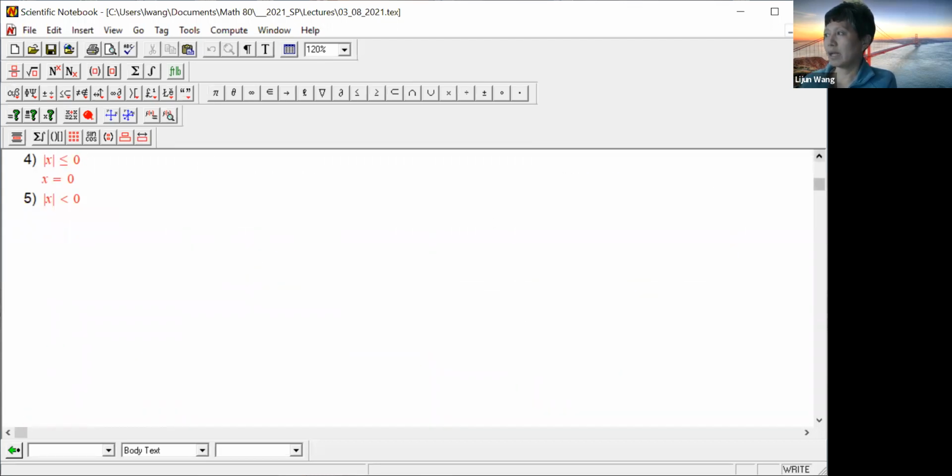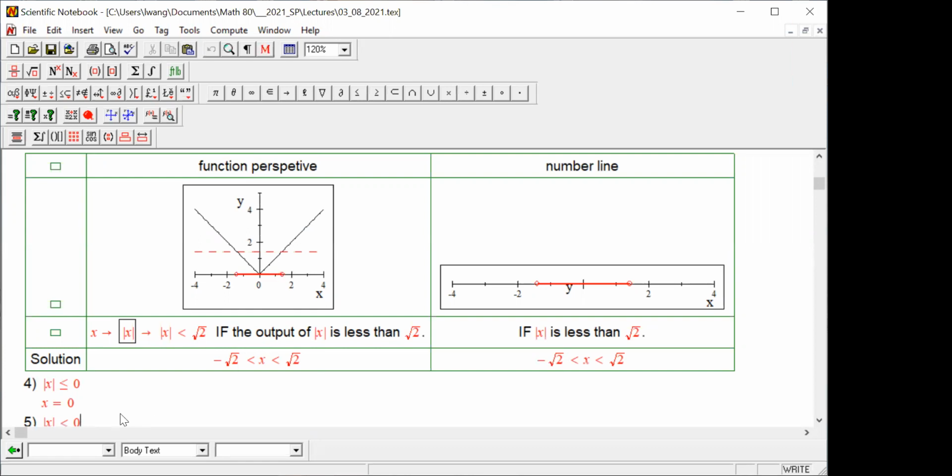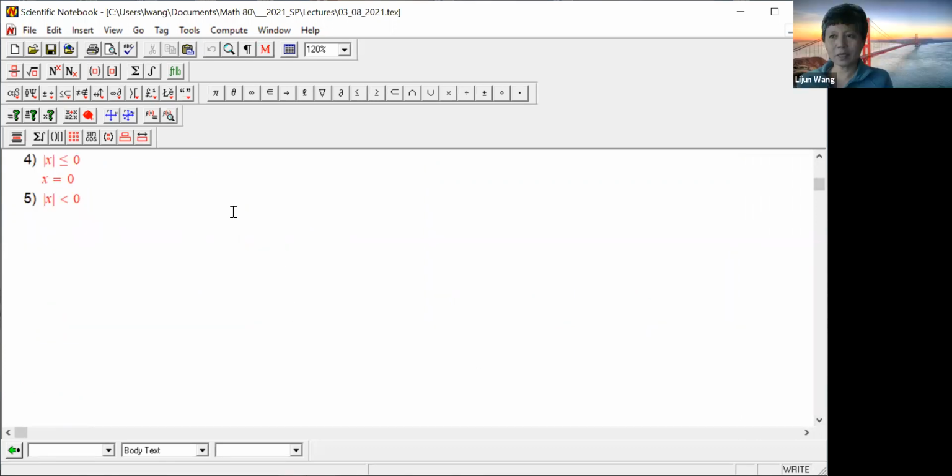You want that absolute value of a number less than 0. No solution. Perfect. Did everybody get that? The solution is no solution.